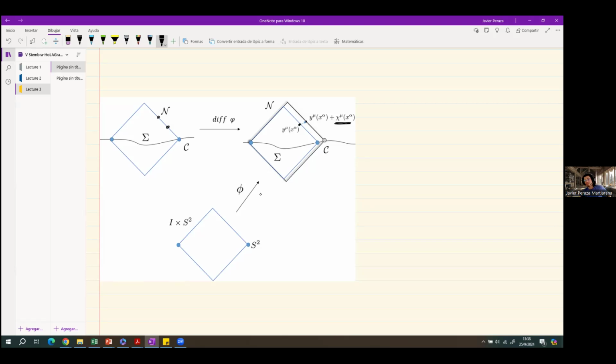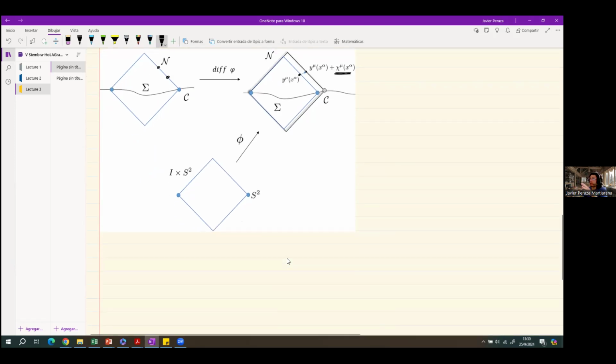Okay, so you can see later in the notes, there are a lot of computations, a lot of things to unpack, but the main thing that we have to take home from this is that once we take this diffeomorphism, we have the solution space, let's draw here the solution space, and we have some point in here.